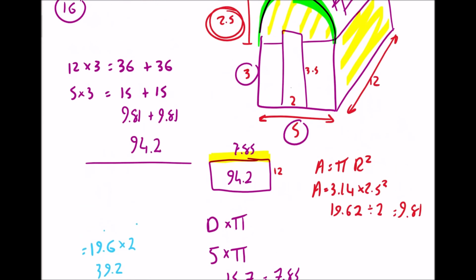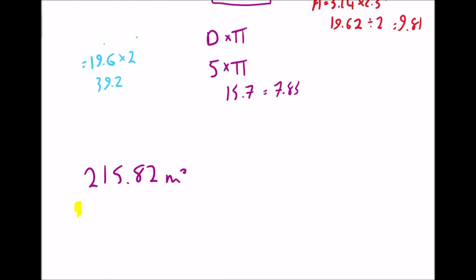But don't forget, we have to minus out the door. So the door would be 3.5 multiplied by 2 to get the area of that. 3.5 multiplied by 2 is 7. So we're going to have to take away 7.